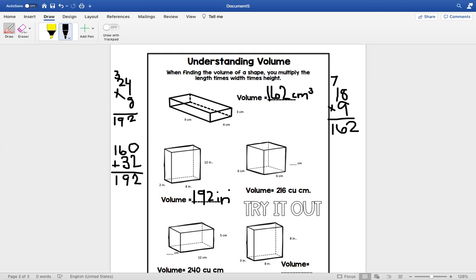This next problem is not like we have seen before. They actually already give us our answer, and they want us to fill in this side length. So think about how we're going to figure that out. We know 2 side lengths and we have the volume. We need to find the third side length. So we know that 6 times 6 is 36.